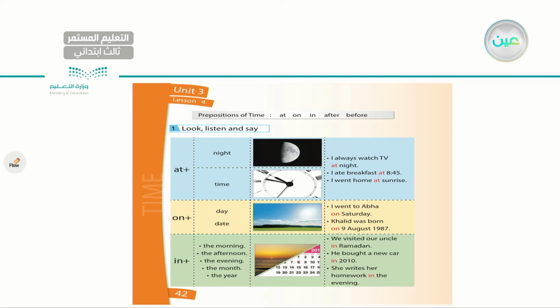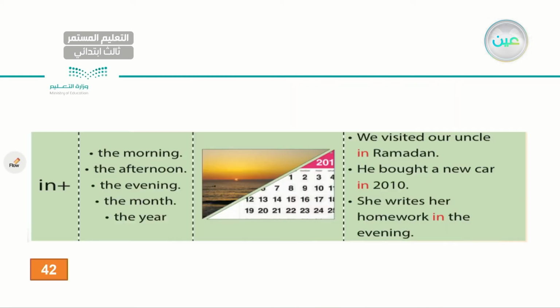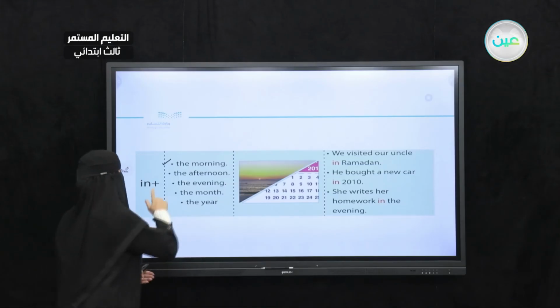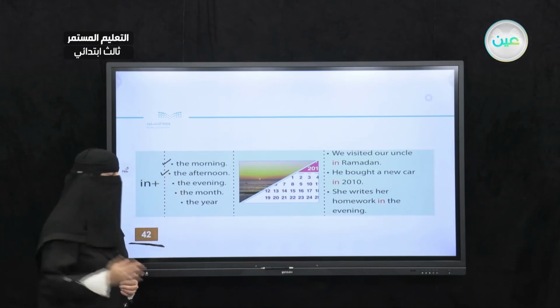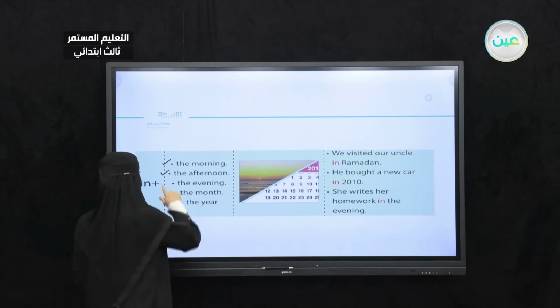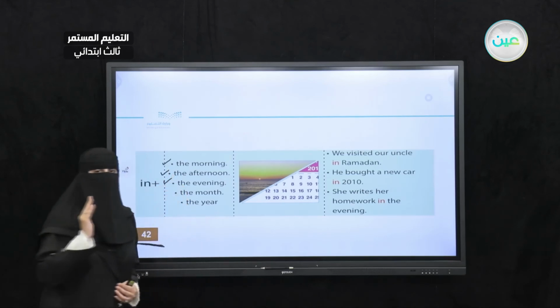When do we use in, when do we use on, and when do we use at? Starting with in, okay? Remember that we are at page 42. I use in with the morning. So, in the morning. The afternoon. So, in the afternoon. The evening. In the evening.